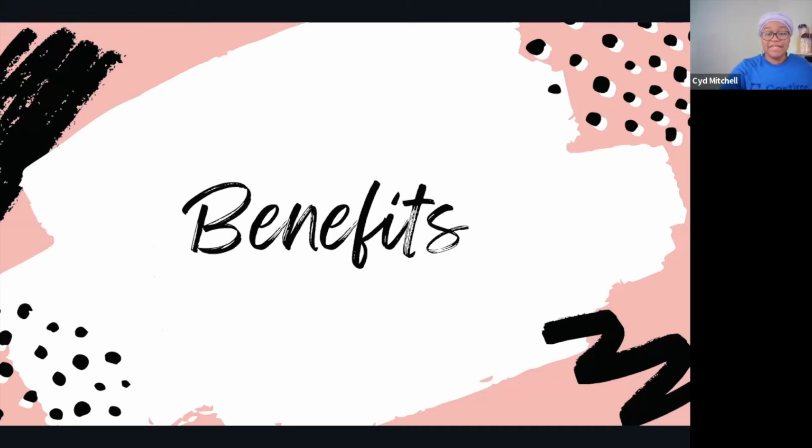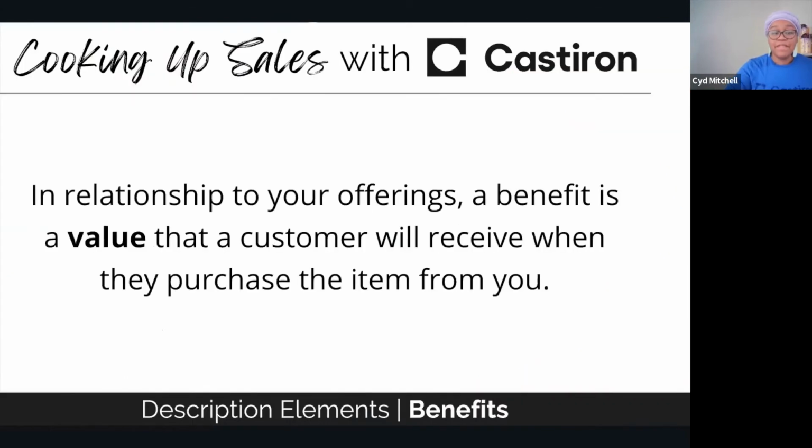Number two is benefits. Okay. I want you to provide benefits in your product description. In relationship to your offerings, a benefit is a value that a customer will receive when they purchase the item from you.